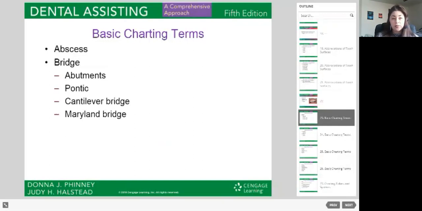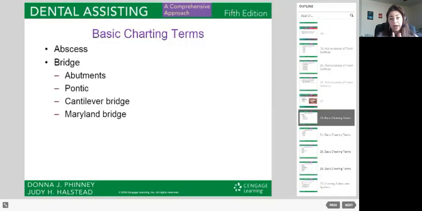Basic charting terms: abscess. An abscess, we've studied that already, is basically an infection. A bridge: there are several different types of bridges, abutments, pontic, cantilever, or Maryland bridges. We can go into more detail on those.